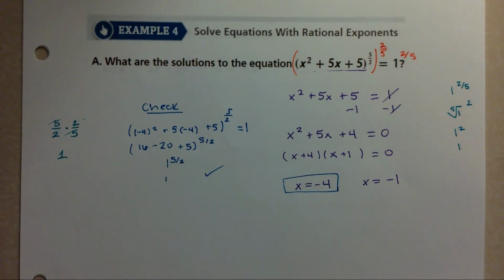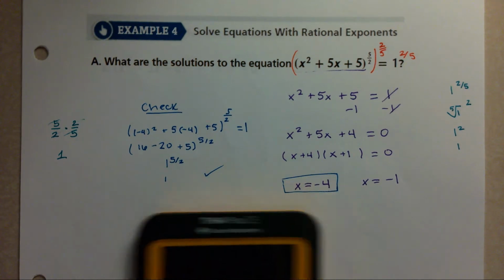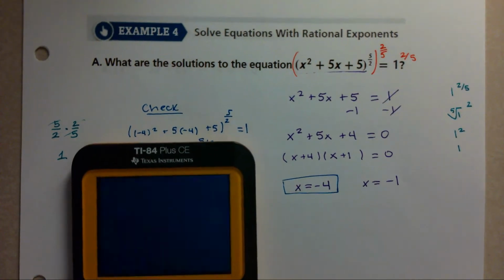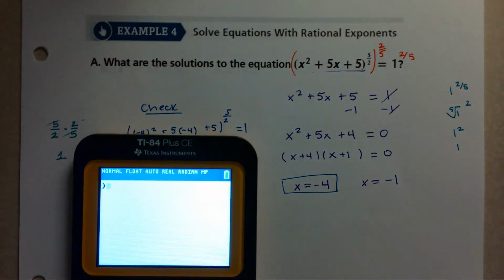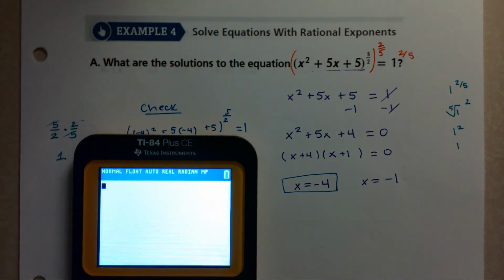And then let's double check -1 using a calculator. I'm going to show you how to do some of this step in the calculator. So if I put in -1 for x, first of all, I'm in parentheses, but now I want to put -1 in parentheses to square it. And then I have plus 5 times -1 plus 5.